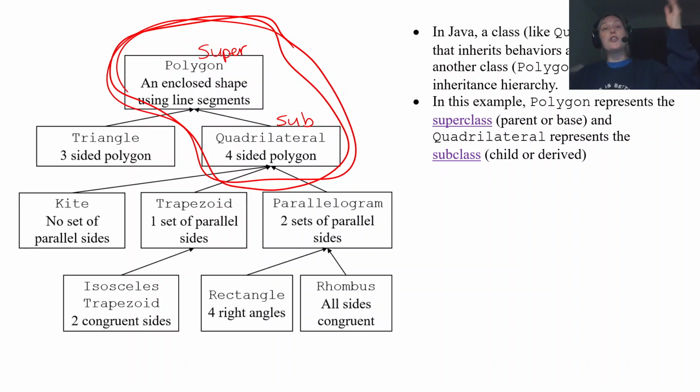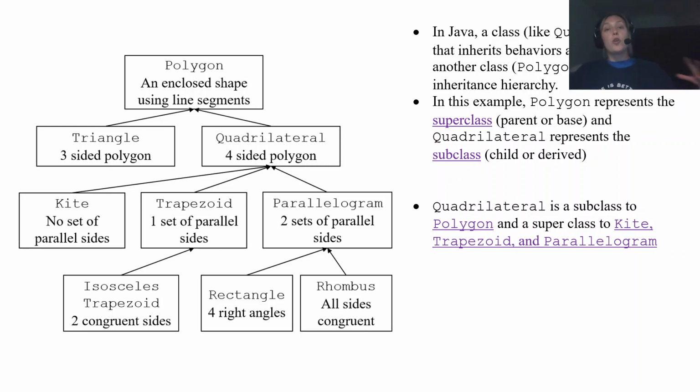Now that's not the only super-sub relationship. That's just an example of an inherited relationship there. Quadrilateral is also a subclass. So it's a subclass to polygon, but it's also a superclass to kite, trapezoid, and parallelogram. Okay?